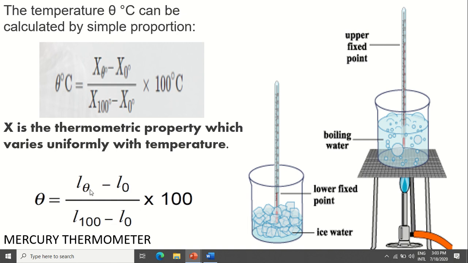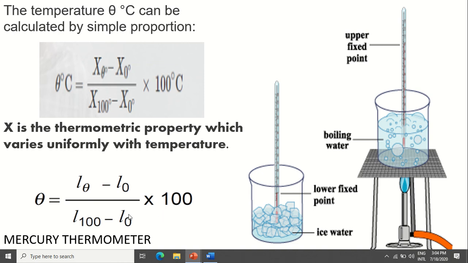Here L theta means the thermometric property, because you know the mercury height or mercury column will be increased at theta degree temperature, minus L naught, that is the length or height of the mercury column at 0 degrees Celsius, and it will be divided by L 100, that means at 100 degrees Celsius what is the length of mercury column, and minus L naught, that is the mercury height at 0 degree Celsius. In this way, by using this equation we can measure the temperature.